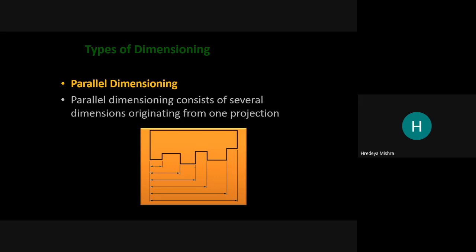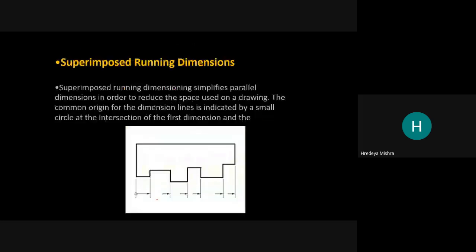This starts from one projection line, and this is 1, 2, 3, 4, 5, 6. So we can dimension like that. These dimensions are parallel to each other. So this is our parallel dimensioning.